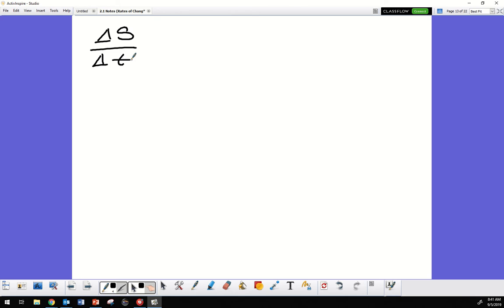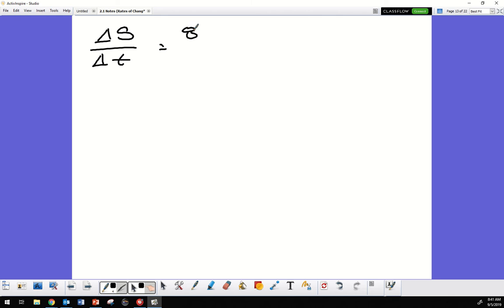So you will see this written out a lot like this. The little triangle means delta, and delta means the change. So if I start off with my height, what is my height going to be? 890, right?